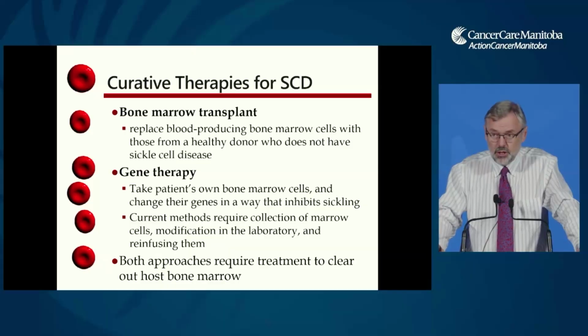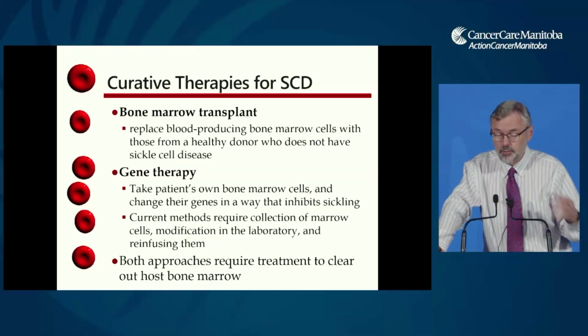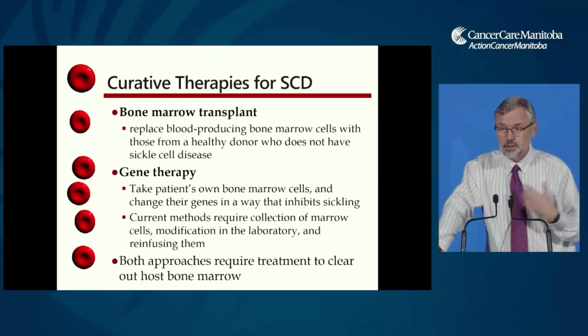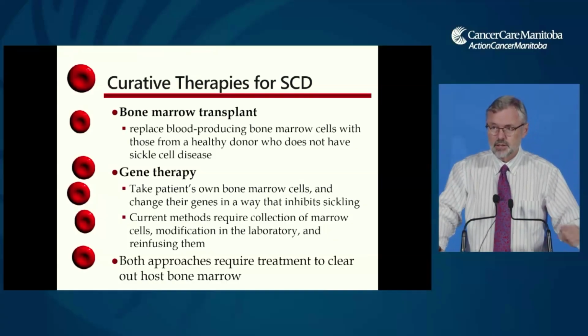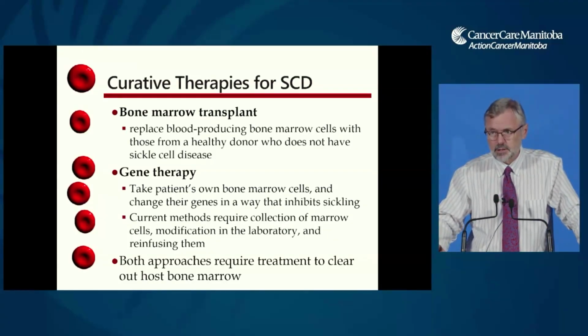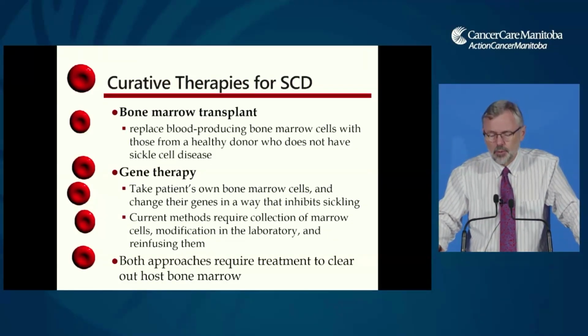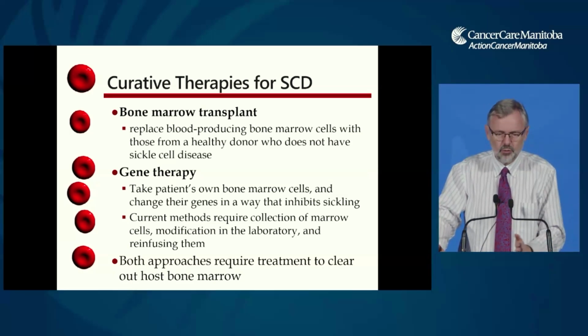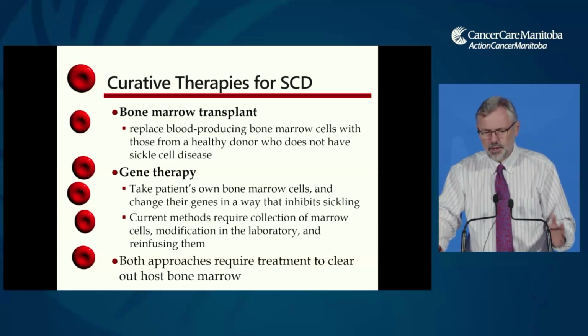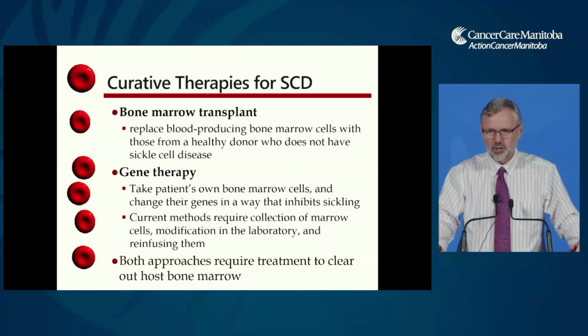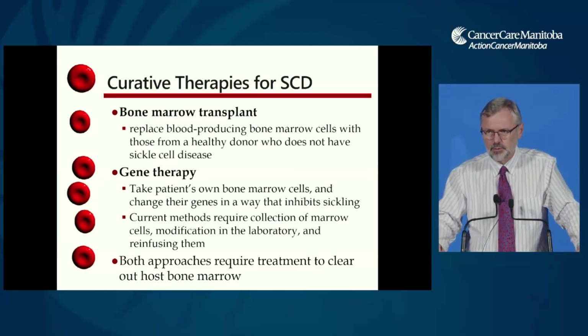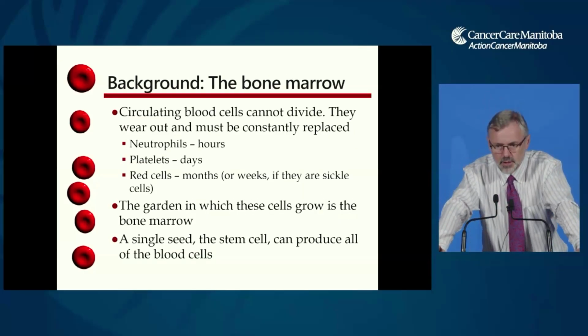And the second approach is gene therapy, where we actually modify the patient's own bone marrow stem cells to change the genes in a way that inhibits this sickling process. Now, both of those, at least as we currently do them, require a step where you have to clear out the patient's bone marrow. So there's a very toxic step involved, and that's one of the limitations of these procedures.